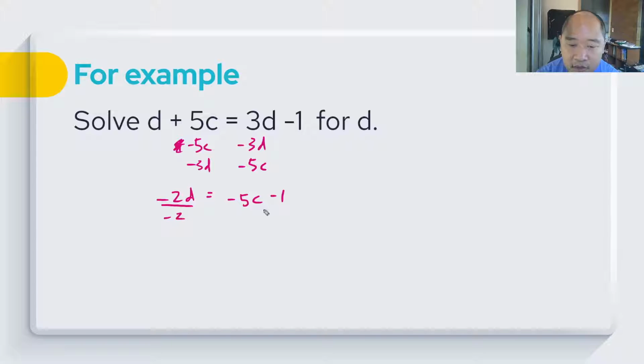And then divide both sides by negative 2, and d equals 5 over 2c plus 1/2. All right.